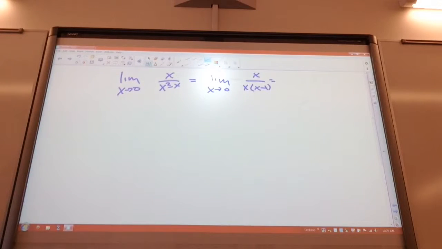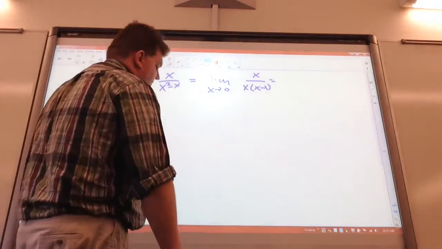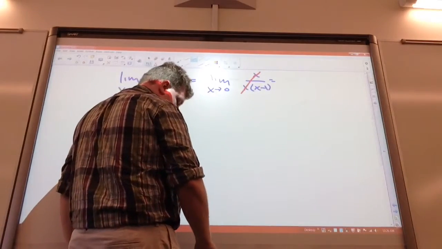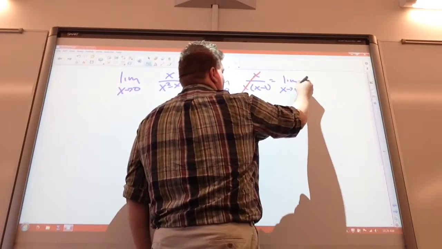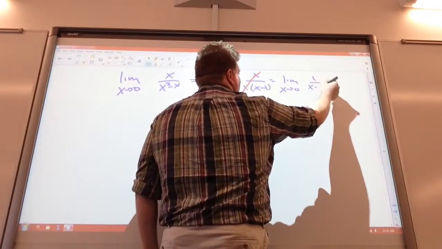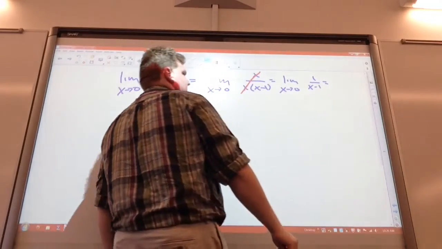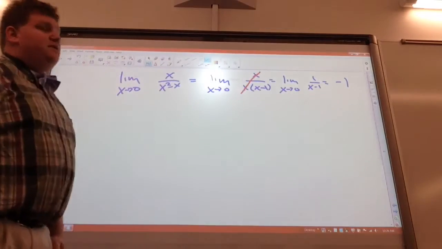So until I do that limit, I have to keep writing it out. These will cancel, and that changes this to the limit as x goes to 0 of 1 over x minus 1, which is going to give me negative 1. We can evaluate that to get negative 1 as our answer.